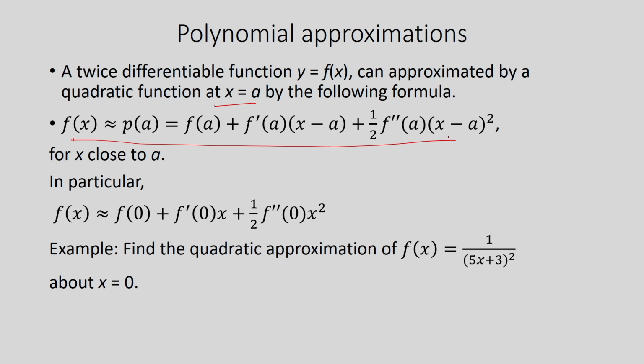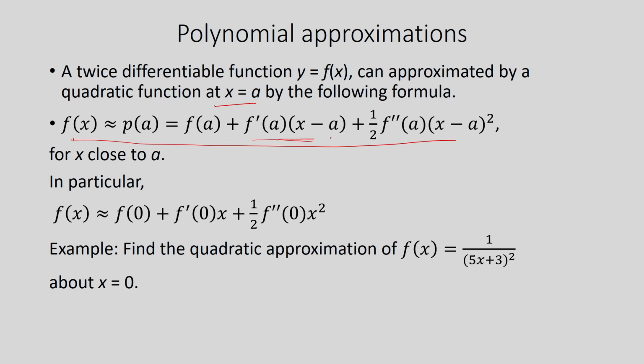So, f of x is approximately equal to p of a, where p of a is equal to f of a. So you are evaluating the function at that particular point small a, plus f prime of a multiplied by x minus a.